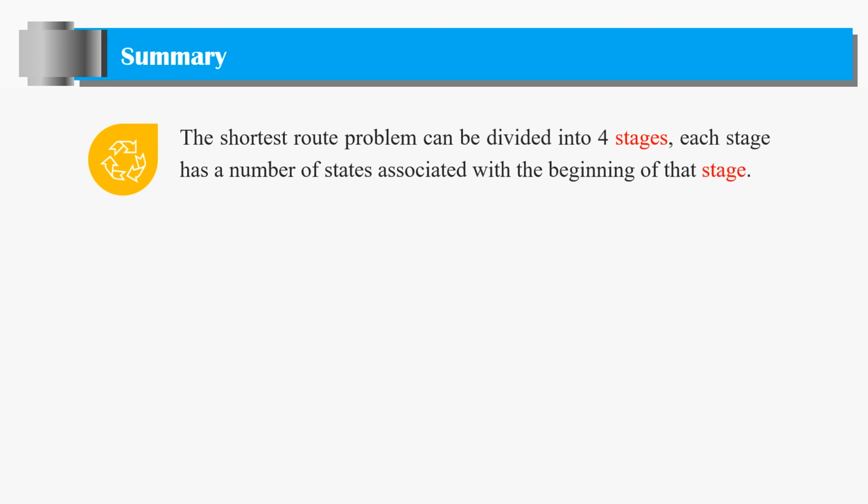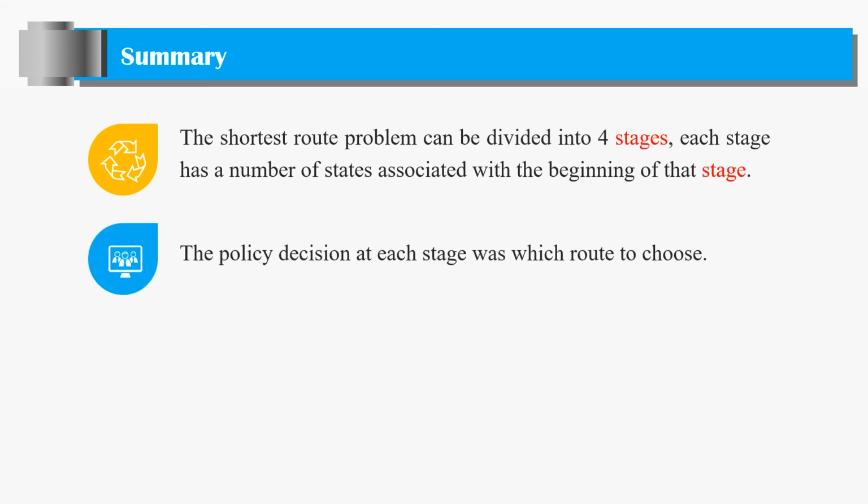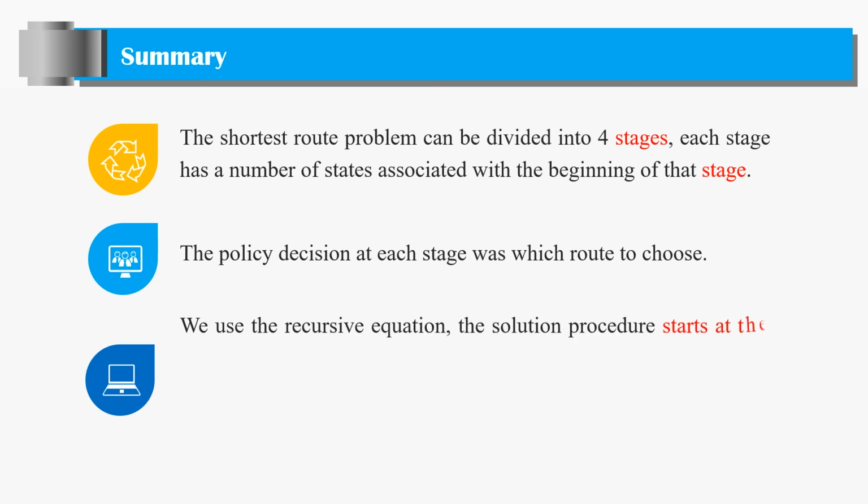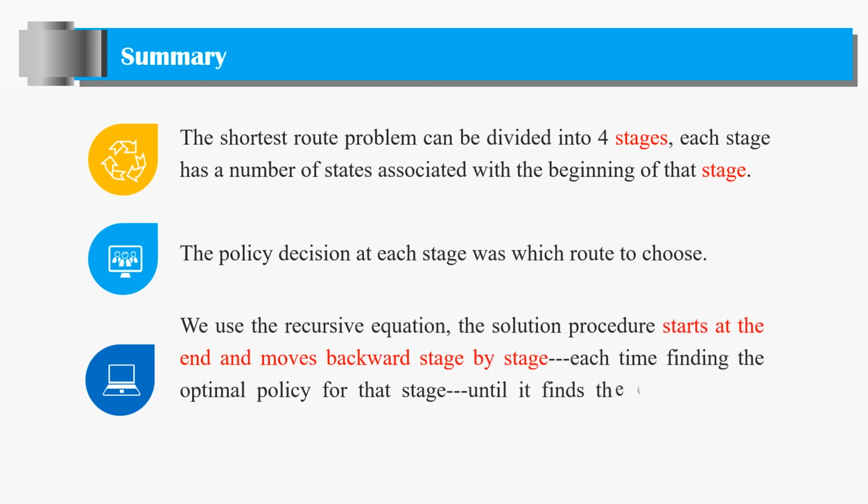Now, let's summarize this method. We can see that the shortest route problem can be divided into 4 stages. Each stage has a number of states associated with the beginning of that stage. The policy decision at each stage was which route to choose. We use the recursive equation. The solution procedure starts at the end and moves backward stage by stage, each time finding the optimal policy for the stage, until it finds the optimal policy starting at the initial stage.